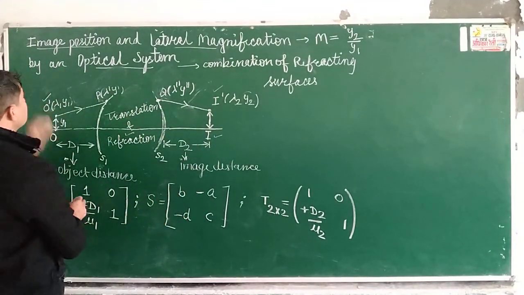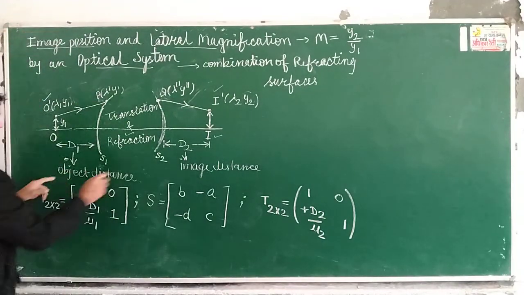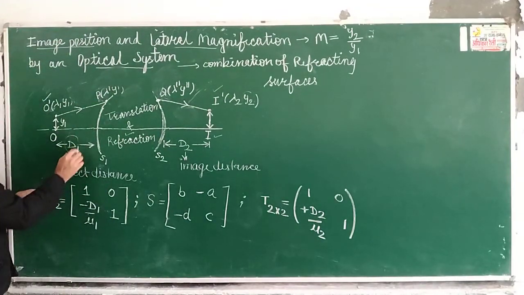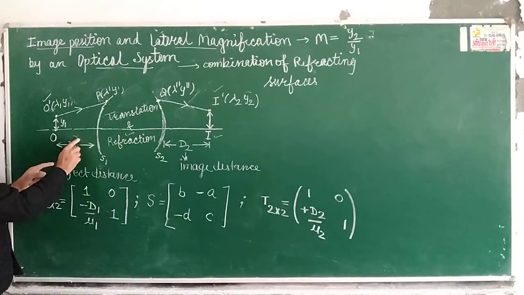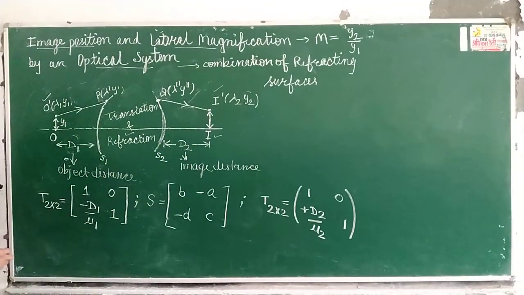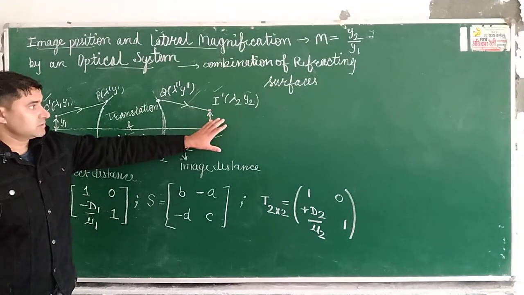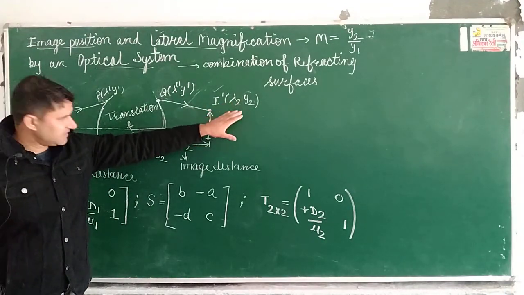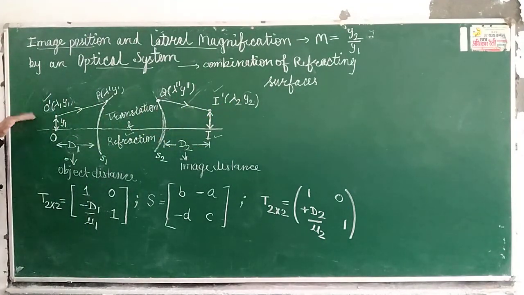And in image position we will establish a relation between the object distance d1 and the image distance d2. Here we will make use of three matrices to establish a relation between the optical coordinates of the image point and the object point.